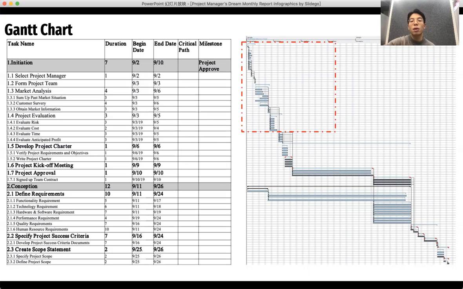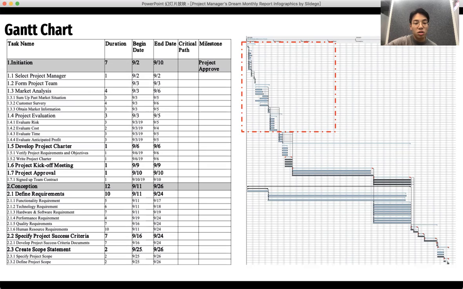The conception part is more about requirements collection or finalization, such as functionality requirements identification, technology requirements identification, hardware, software, performance, quantity, human resource requirements identification. And it will also specify some project success criteria and create a group statement.